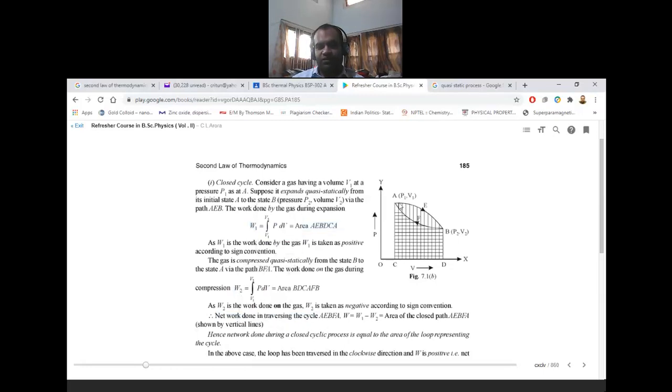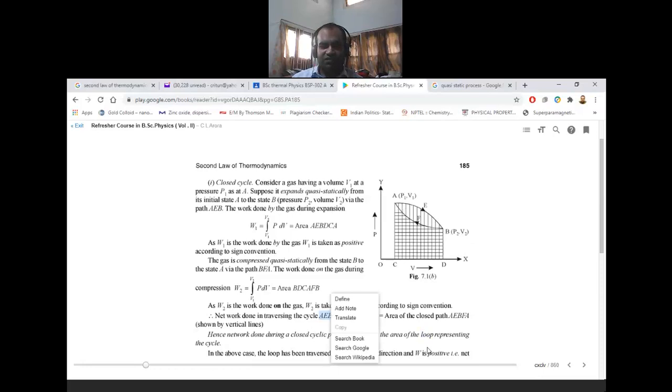The net work done is W1 minus W2. W1 is A, E, B, D, C, A. W2 is A, F, B, D, C, A. If you subtract the second one from the first one, we will be left with only this area. That area is AEBFA.